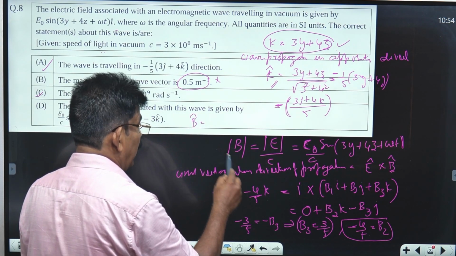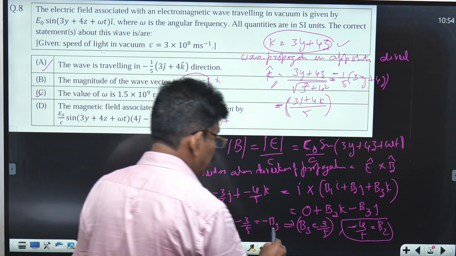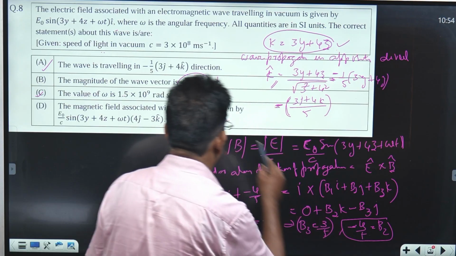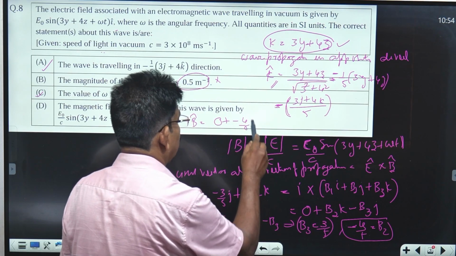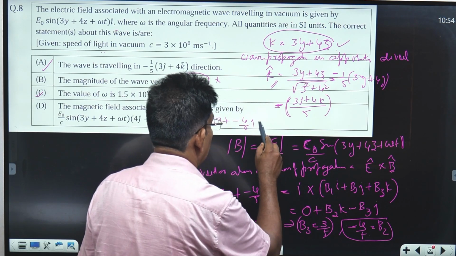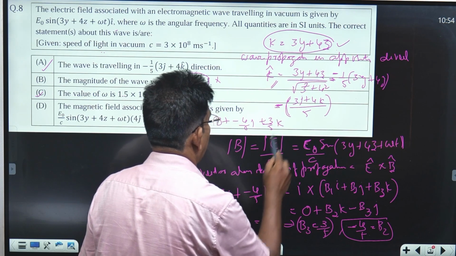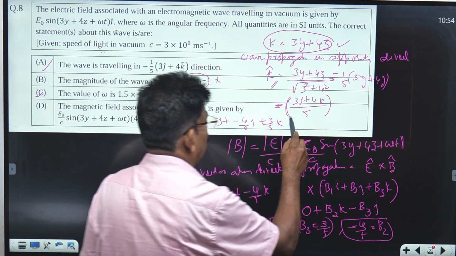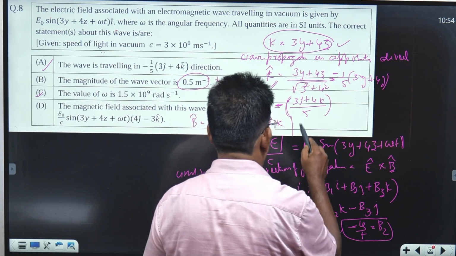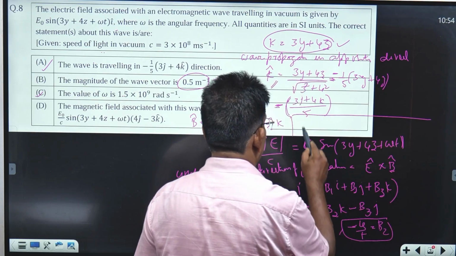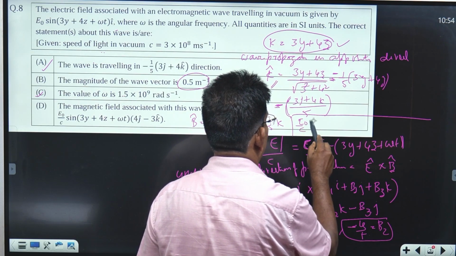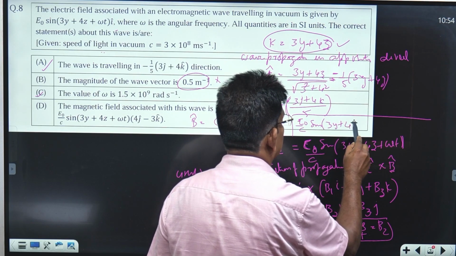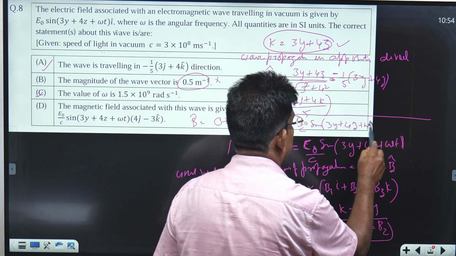Now tell me, what will be the unit vector in the direction of the magnetic field? That is b1i, which is 0, plus b2j. b2 is coming to be how much? Equating k, I got b2 is equal to minus 4 by 5j, and b3 is plus 3 by 5k. Now tell me, what will be your magnetic field vector? I can write it like this: E0 by c, then sine of (3y plus 4z plus omega t).